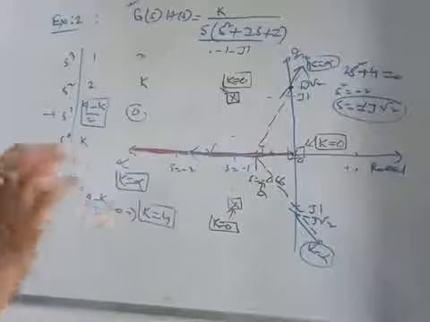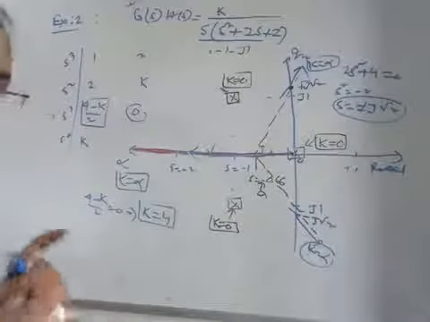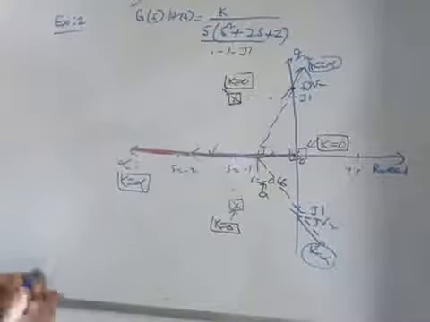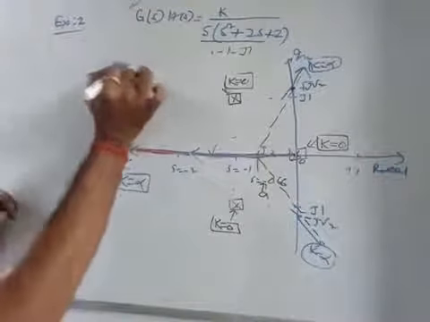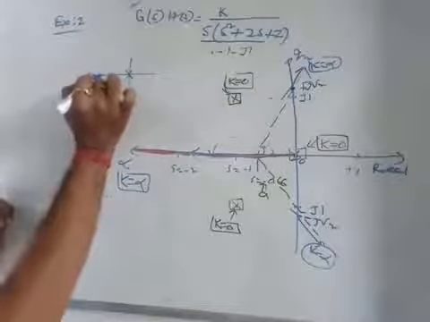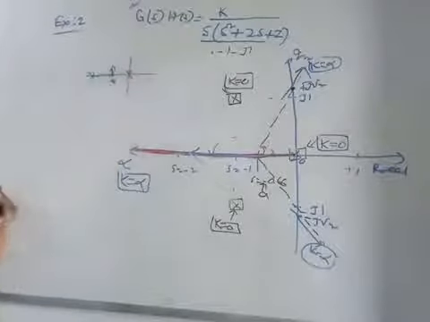Here, in the previous problem, the poles were located on the real axis. So if the point was located on the real axis, what happens? In case of real axis poles, the root locus branch originates or leaves the real axis at an angle of 90 degree.